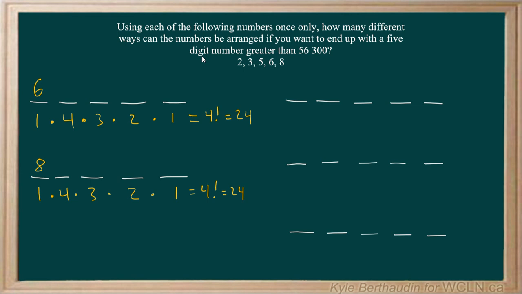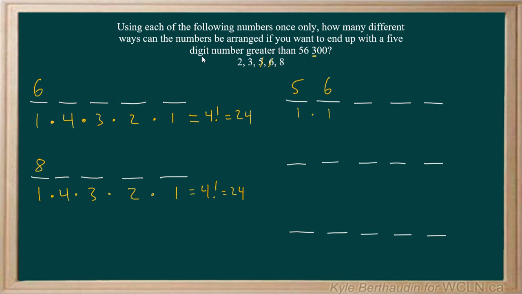Let's look at a few other cases here that are a little bit more specific. Let's consider 5 being our first digit. That means that we've chosen one option here. Let's consider then that our next digit is 6. If our next digit is 6, we've used the numbers 5 and 6.